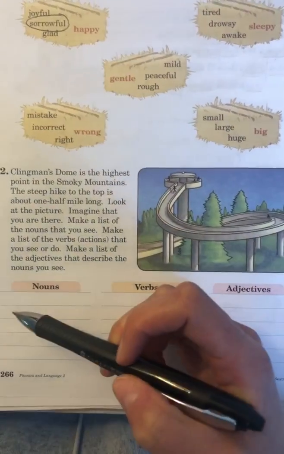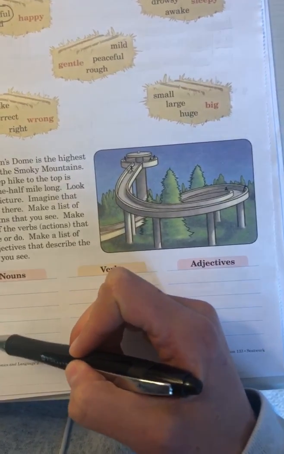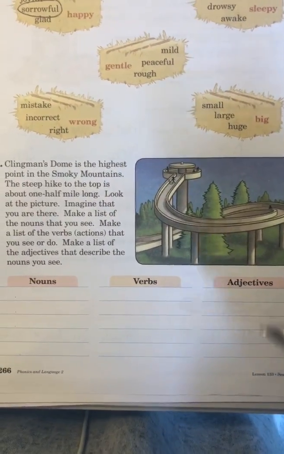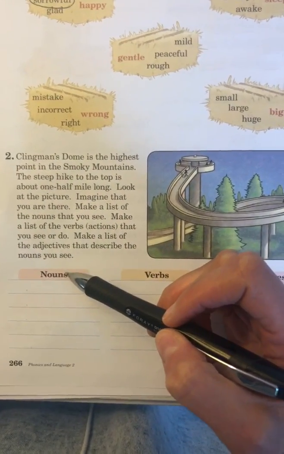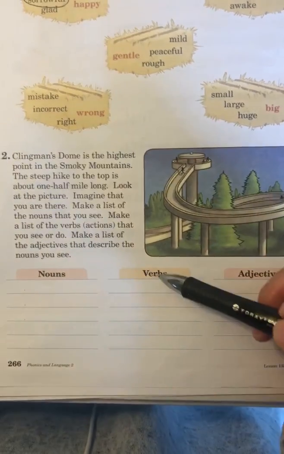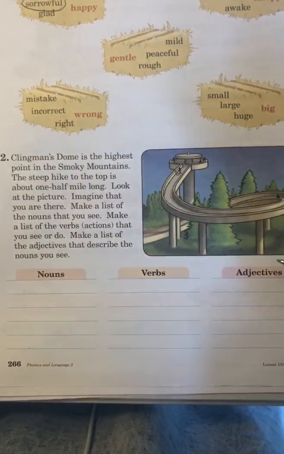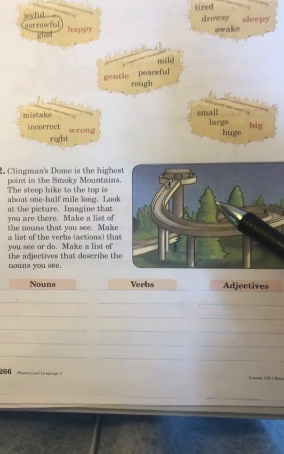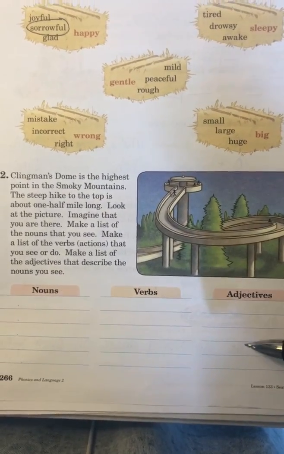Okay, so you're going to write 5 nouns, 5 verbs, and 5 adjectives. Nouns, person, place, or thing. Verb, action, and adjectives are describing words. Okay, so like the green tree. Green would be an adjective.